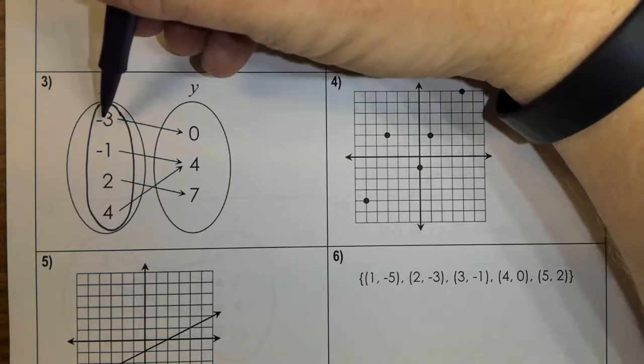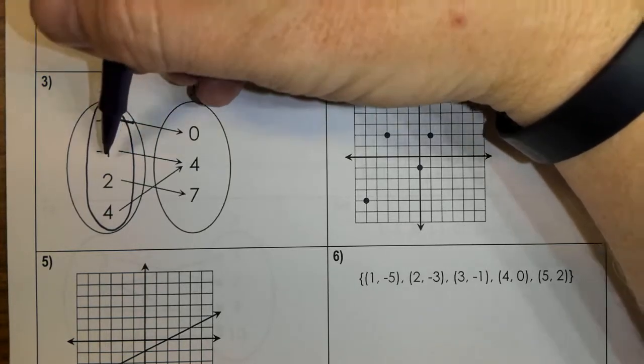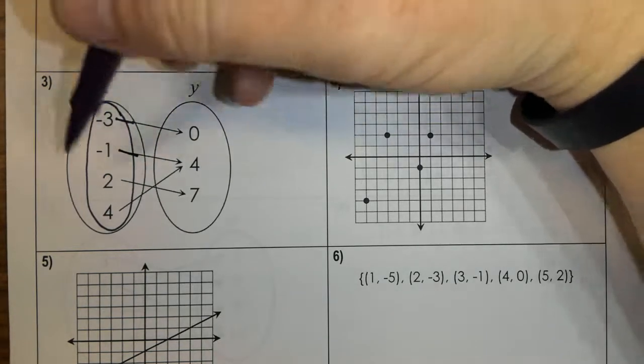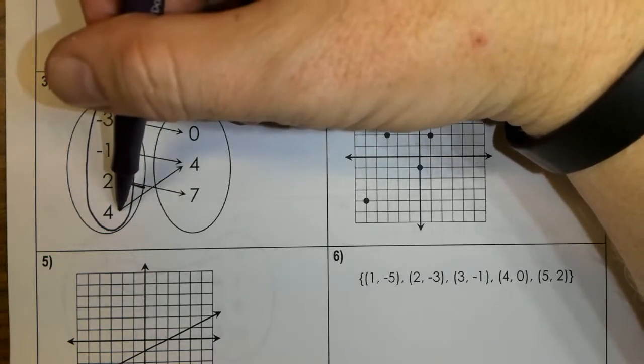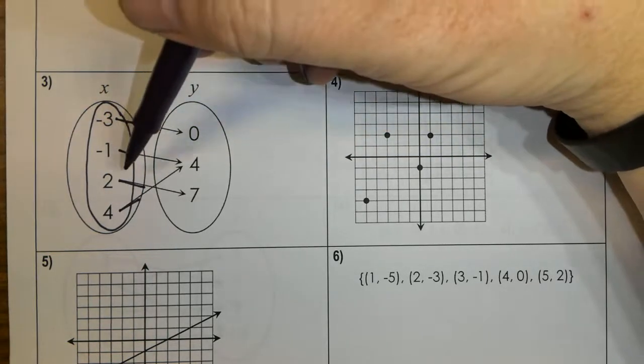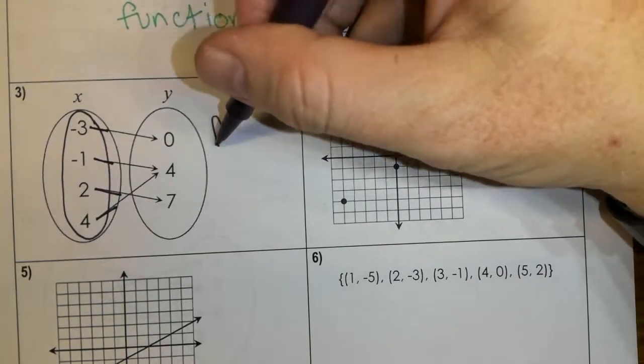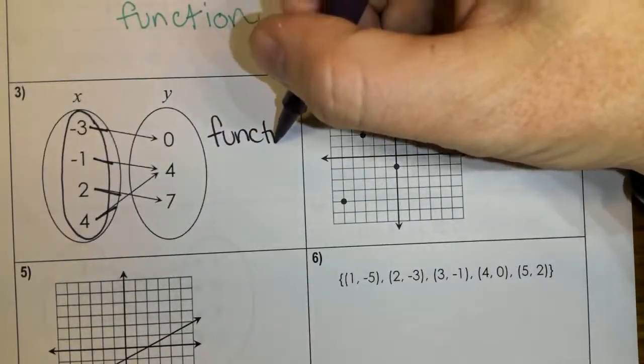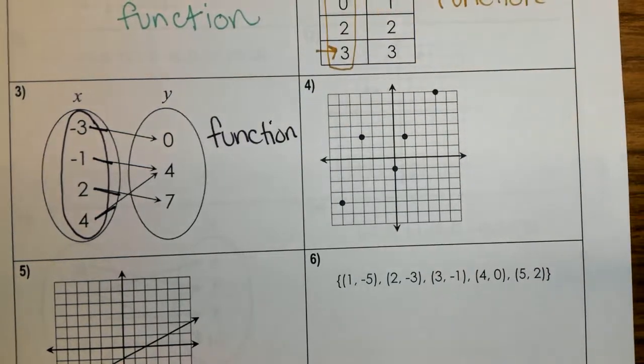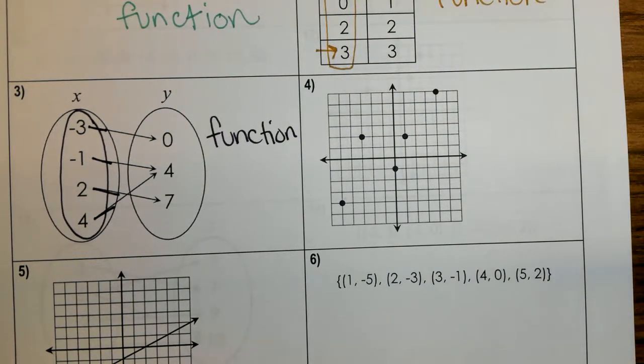If I look at these, -3 has 1 arrow, -1 has 1 arrow, 2 has 1 arrow, 4 has 1 arrow. So if they all have just 1 or no arrows, this would be a function. And that's the answer.